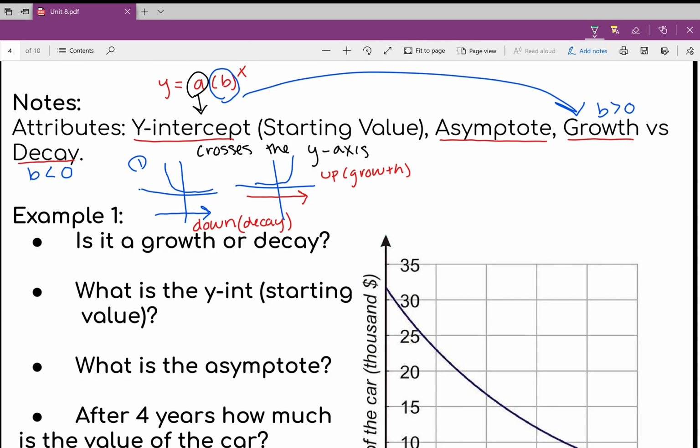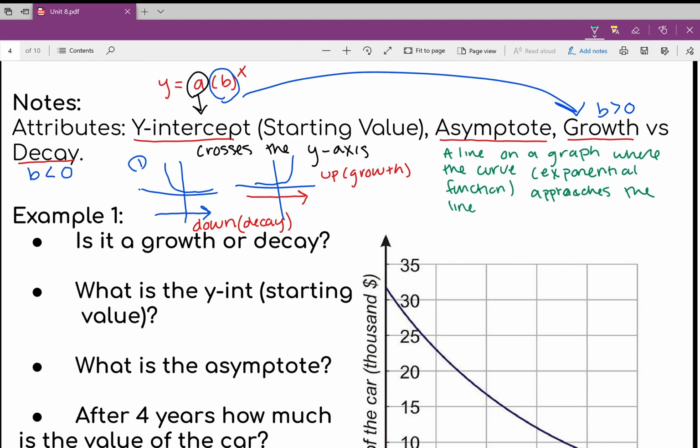So an asymptote, I'm going to write a definition for you, is a line on a graph where the curve, or in our case, the exponential function, approaches the line infinitely, but will never cross it.